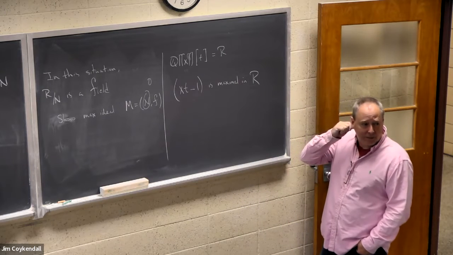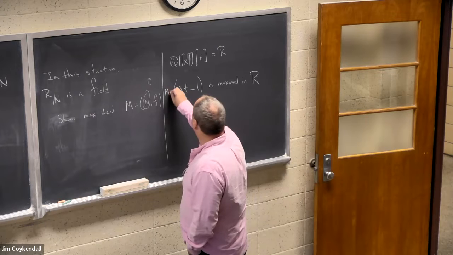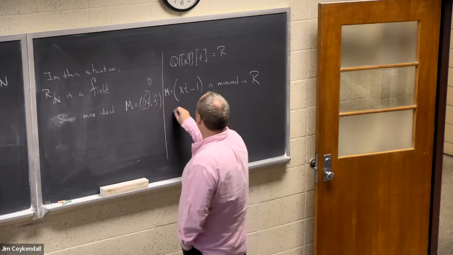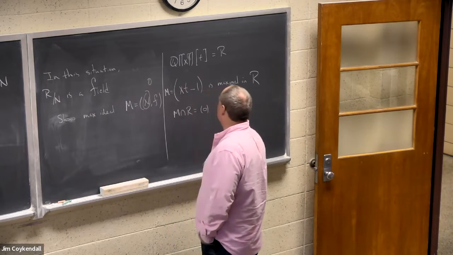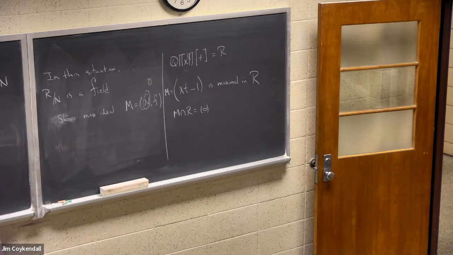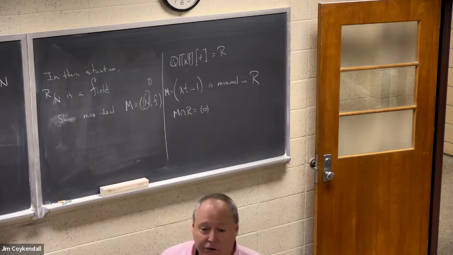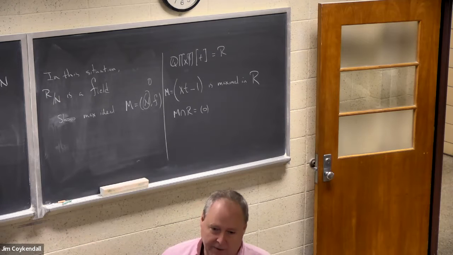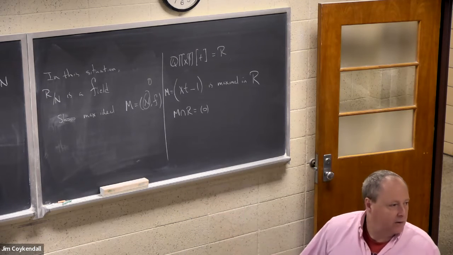We talked about this example before, right? But if we call this M, in this case, M intersect R is 0 actually, right, which is not maximal. So in many cases, for example, if you look at polynomials over the integers, that always happens, right? But sometimes it doesn't.